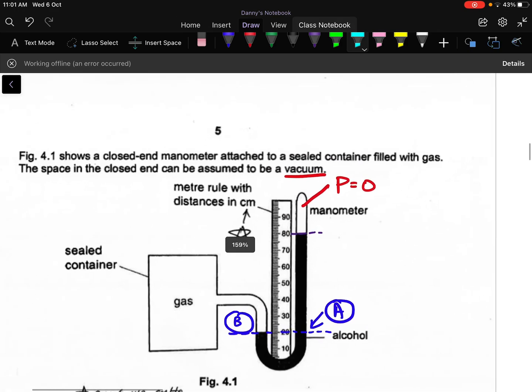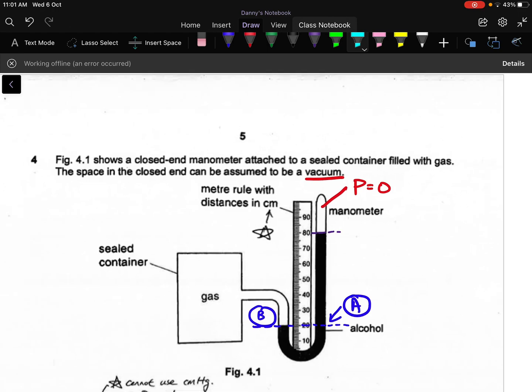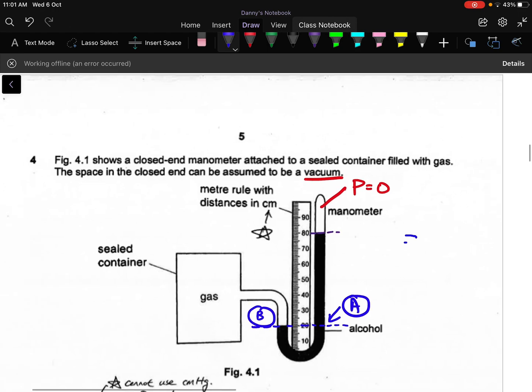Now moving on to question 4. Question 4 is basically your very standard barometer kind of question. Sometimes a barometer is designed this way, where there is an opening, right?